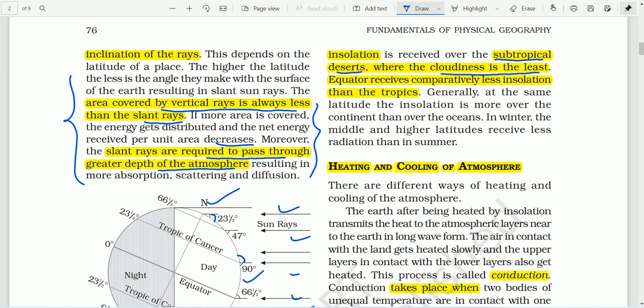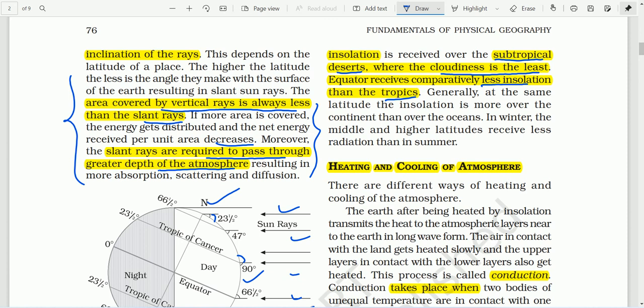The equator receives comparatively less insolation than the tropics because over the equator there is cloudiness almost year round, because the equator receives a heavy amount of rainfall, and that is why the sky is not clear. The sky is mostly covered by clouds, and that is why the equator receives less solar radiation as compared to the tropics.